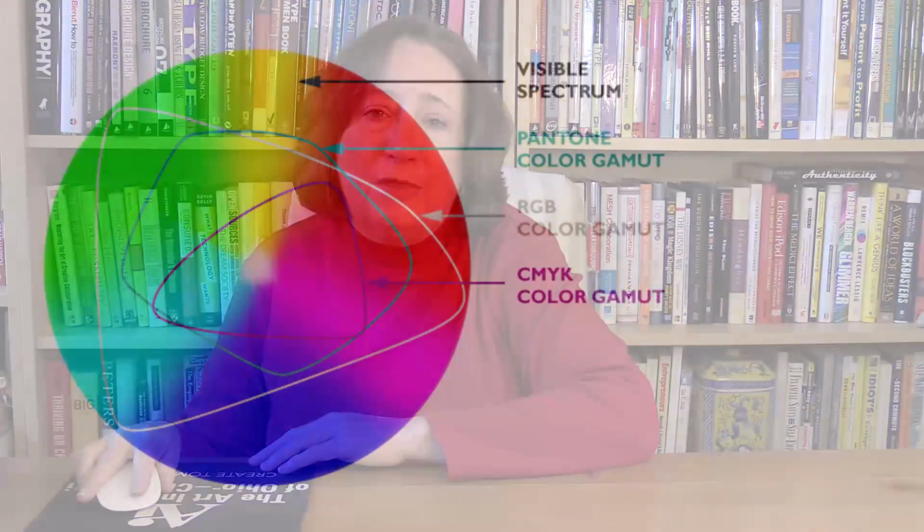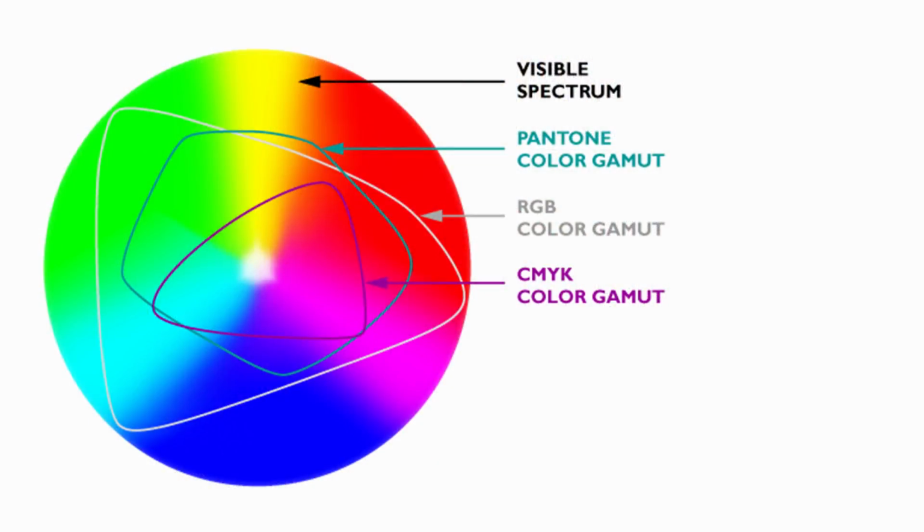Okay, let's review these concepts. We talked about the RGB, CMYK, and Pantone color gamuts and the range of colors available in each. The largest number of colors is in RGB with 16.8 million colors available only on computer screens and mobile devices.